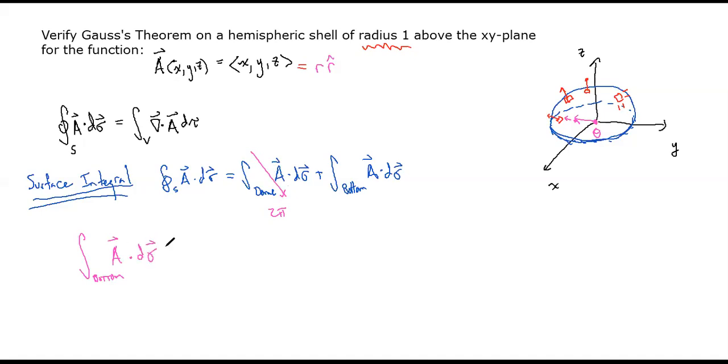Okay, remember the two things that we needed? We needed to evaluate A along that surface, so we needed the parametrization. What's true about the surface of the bottom? How would you describe that?